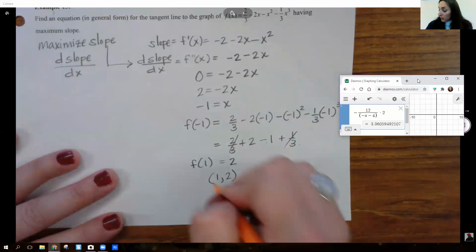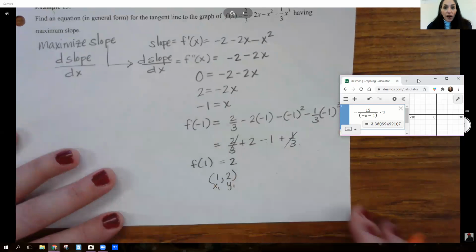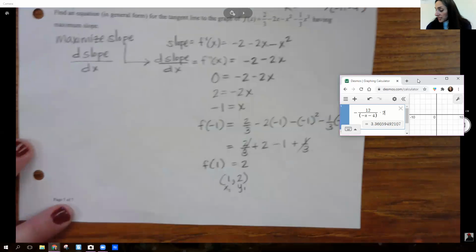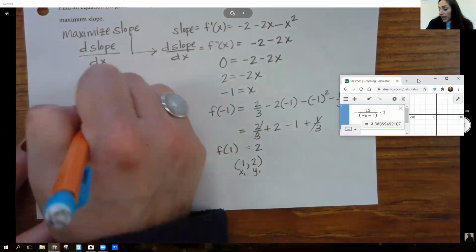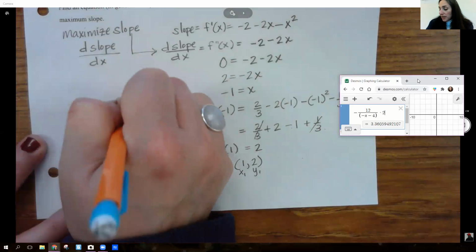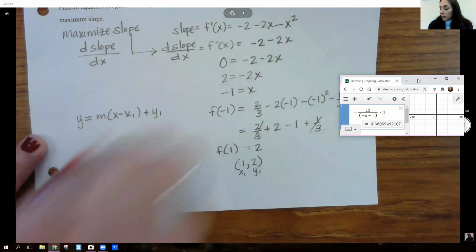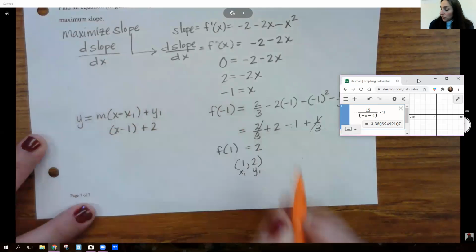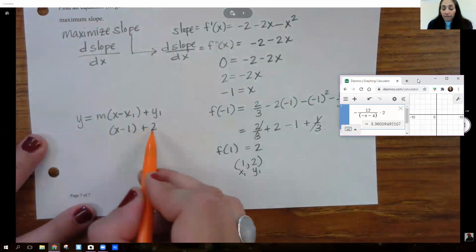Okay, because we need that. We need this x1, y1 for our tangent line formula, our tangent line equation, I should say. Remember point-slope form, y equals m times x minus x1 plus y1. So we could put the -1 and the 2 in there right now.